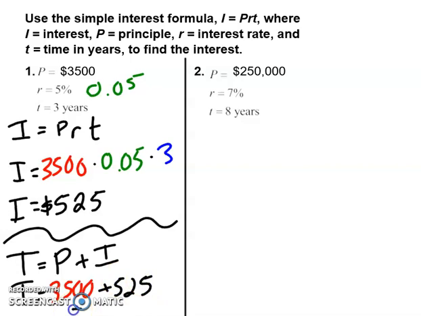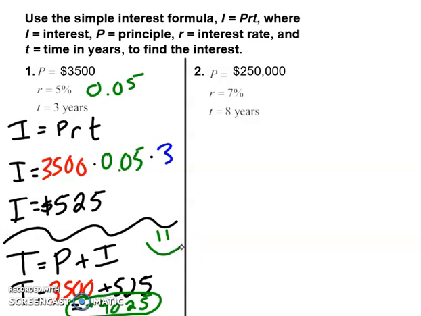Oh no, I'm running out of room here. So now we do 3,500 plus 525. And we get $4,025. So in 3 years, that account would have $4,025.